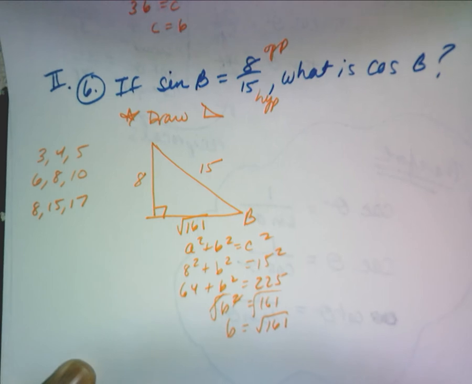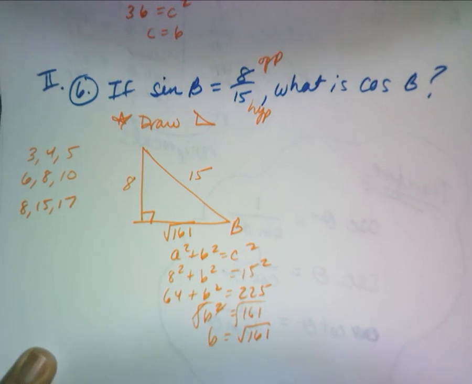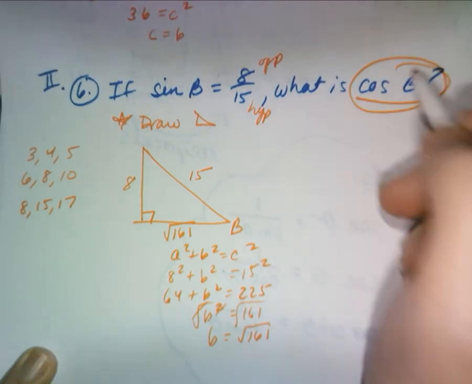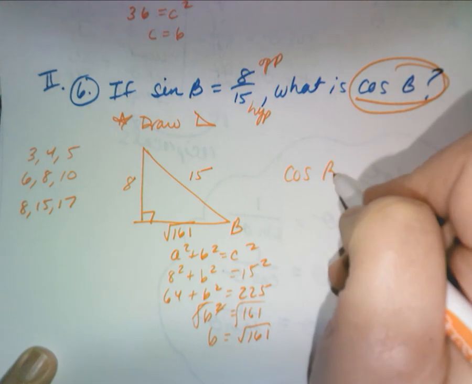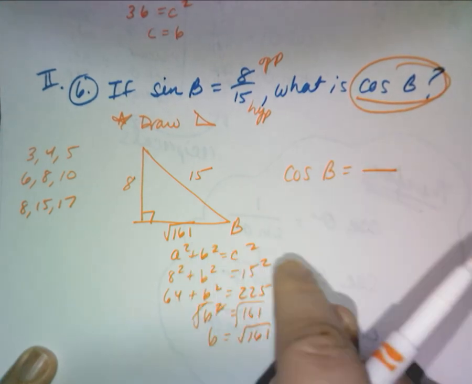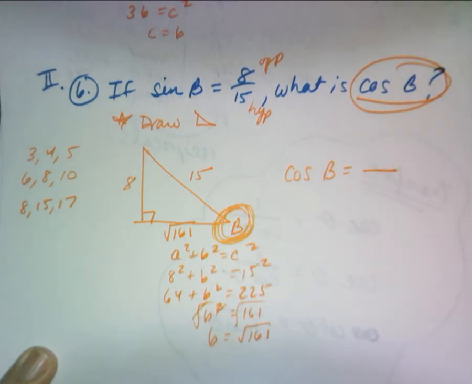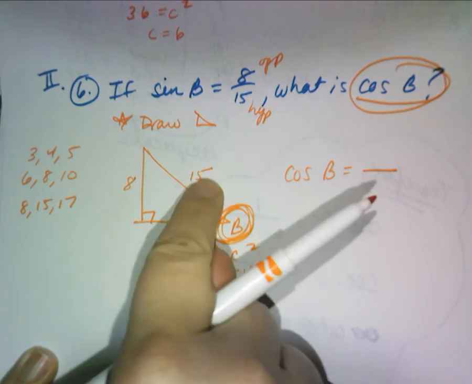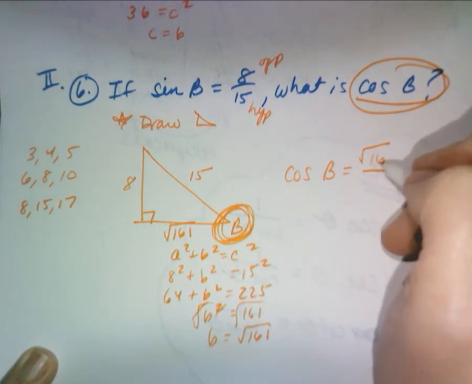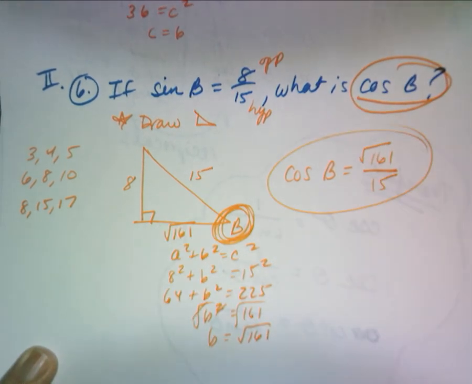Okay? So now let's answer the question, because it's easy from now on. What is the cosine of B? Cosine is, again, adjacent over hypotenuse. Done. That's it. Draw the triangle, do a Pythagorean theorem, and write your ratio. It's always the same thing.